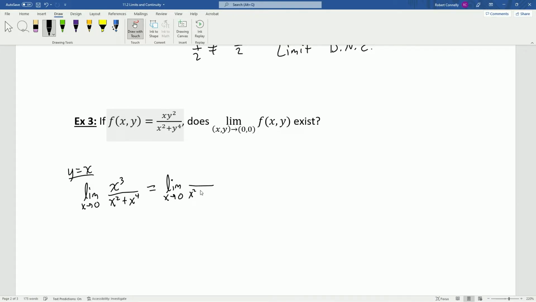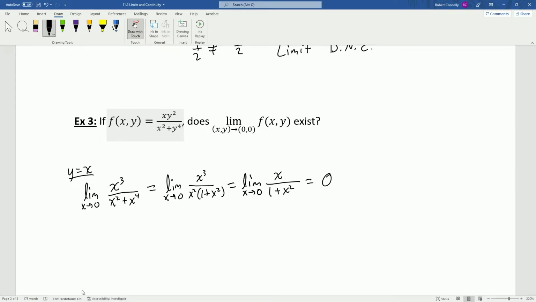So I factor x squared out on bottom, I get 1 plus x squared. X cubed still on top. X cubed over x squared is just x, over 1 plus x squared. And that's going to leave me with 0 divided by 1, which is 0.